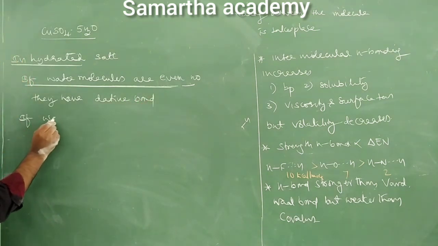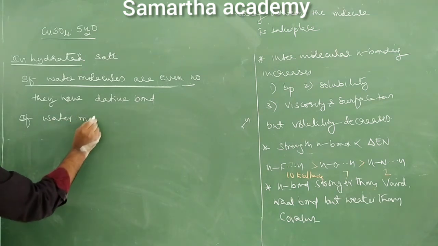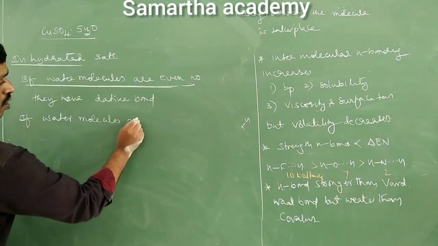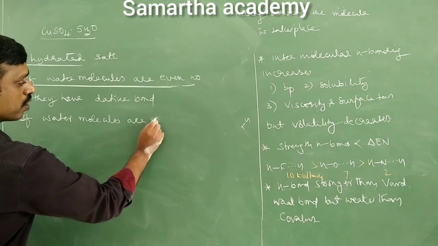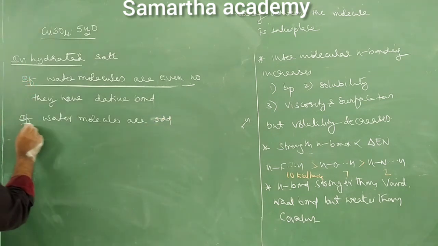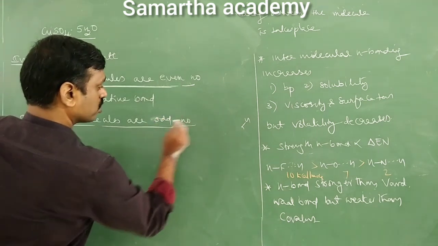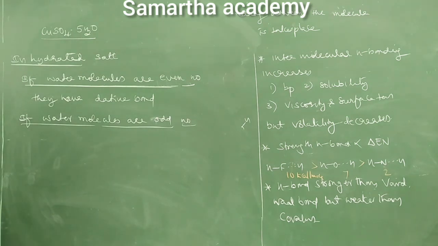If water molecules are odd number in hydrated salt, one water molecule has hydrated anion, remaining all are hydrated cation. What is the meaning of this?